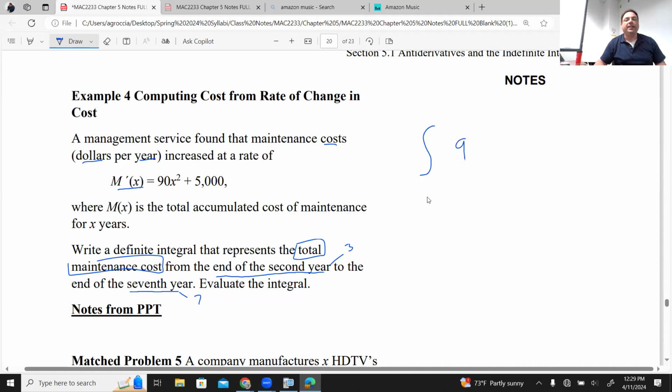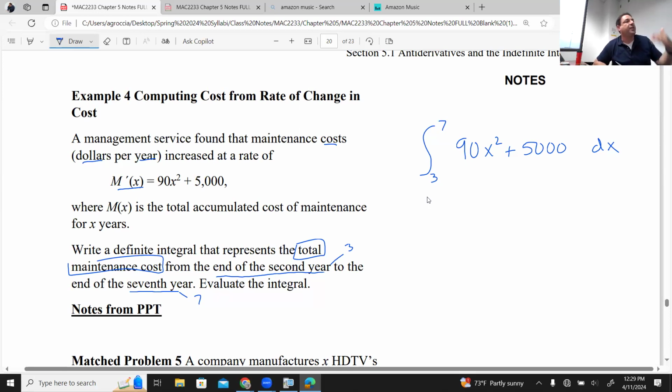Integral. So in this problem, you're given a derivative and we've got to work backwards. So we're going to take the integral. And after I take the integral, I'm going to go from marginal cost to total cost. Are you with me? And I want to find out the total cost from year 3 to year 7. So don't get lost about the end of the second, end of the 7th. We'll reason that out.